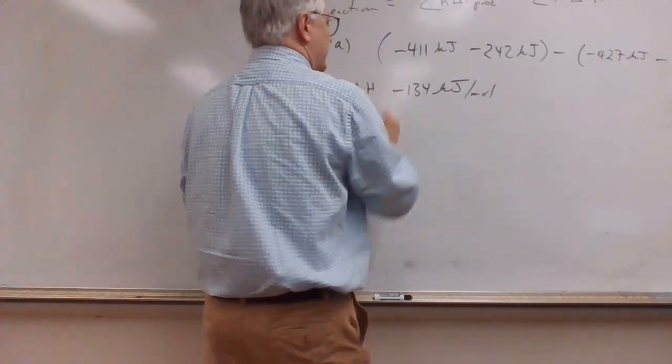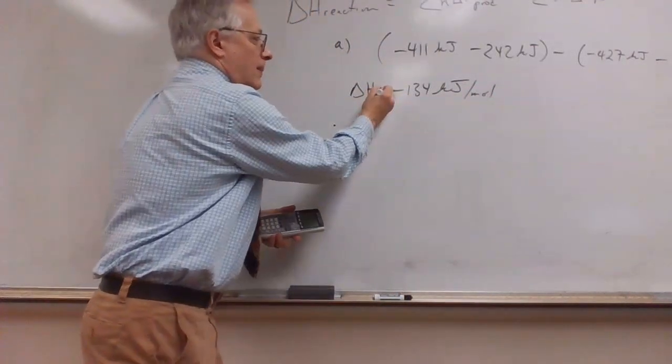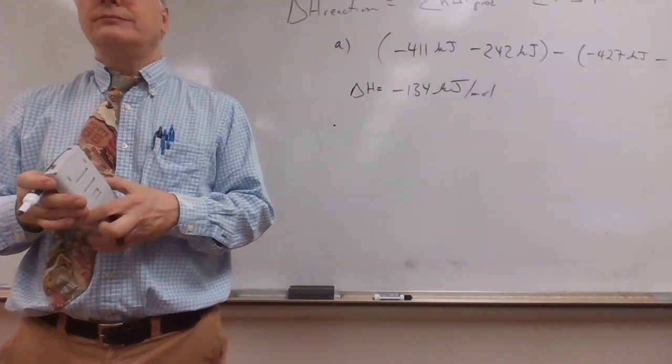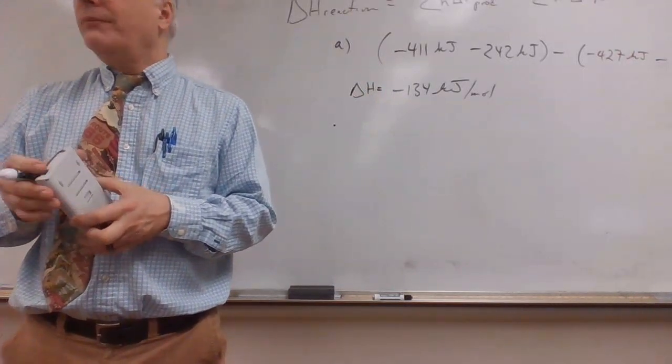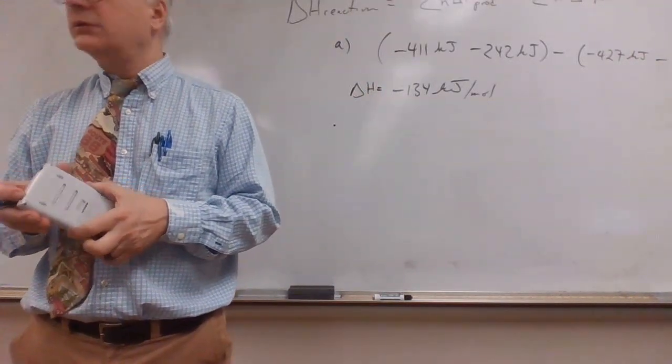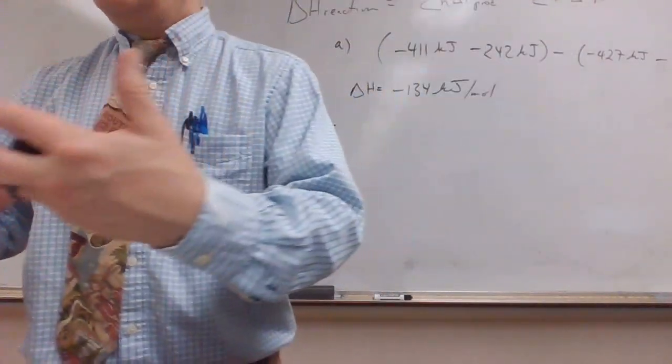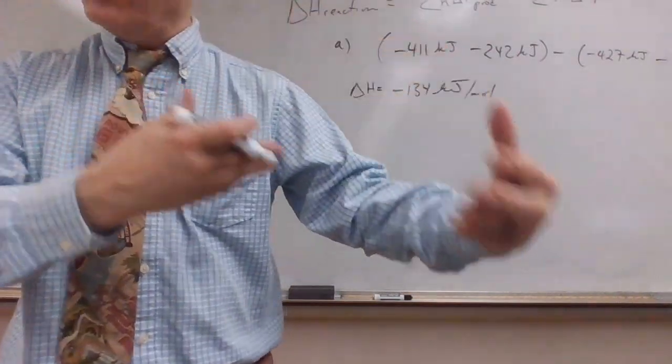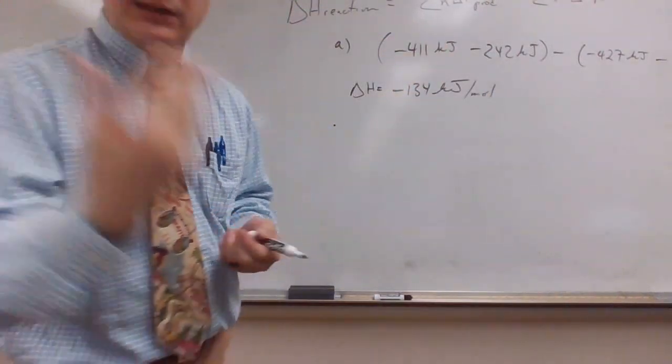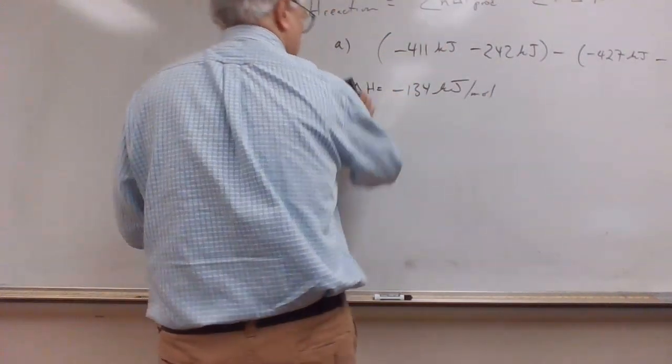That's the delta H of the reaction. Anyone get that? Good. Like I said, this stuff isn't difficult. It's just a matter of keeping track of, don't get confused between your reactants and products. Look what's in the parentheses, etc.